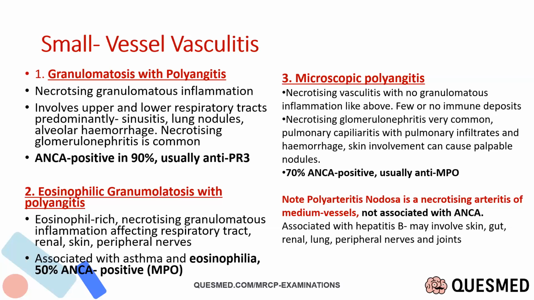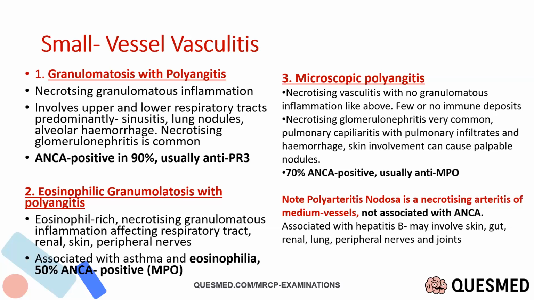Microscopic polyangiitis is similar, but you don't get granulomatosis as the other two, but it is necrotizing, and you don't get as many immune deposits. You commonly get pulmonary infiltrates and alveolar hemorrhage, and often the skin's involved.